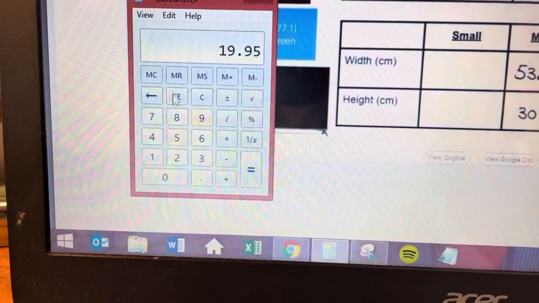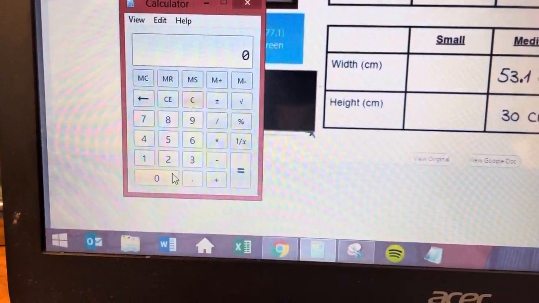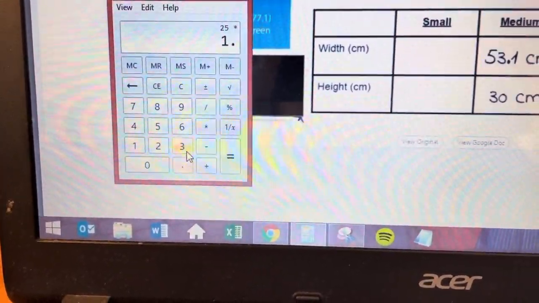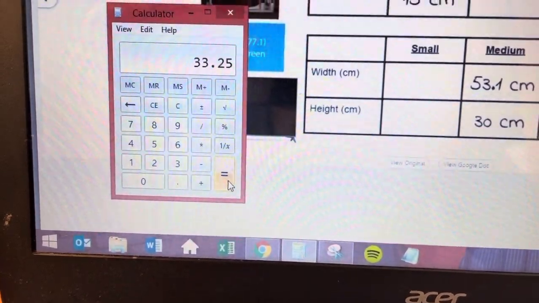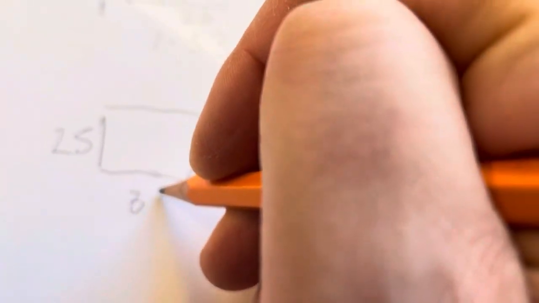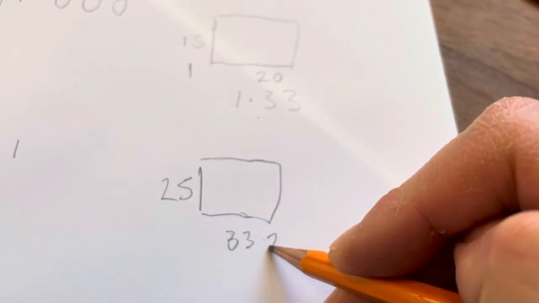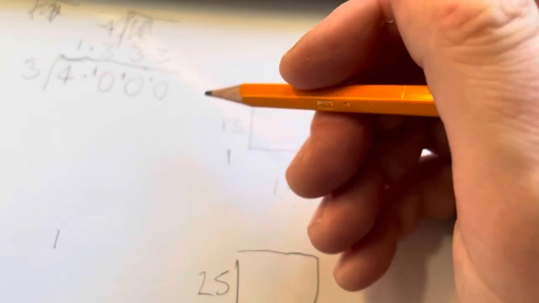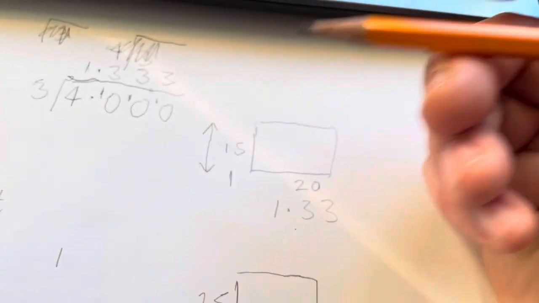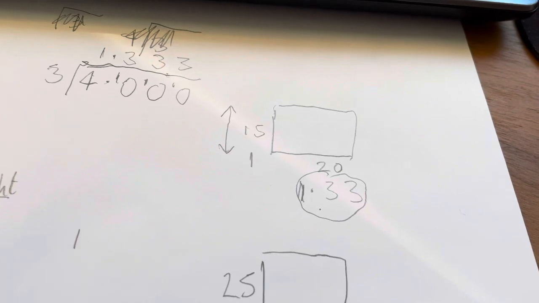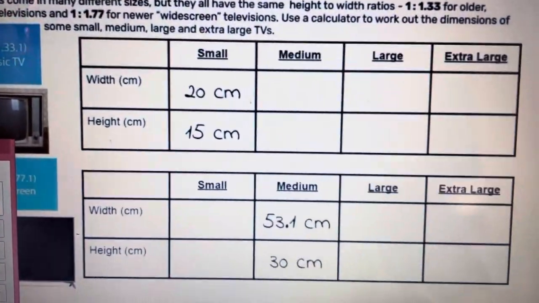So here we go. 25 times 1.33 equals 33.25. So the width of my screen in the same ratio would be 33.25. Whatever the height of your screen is, you multiply it by this 1.33, and you can use a calculator, and that should give you how wide the screen will be.